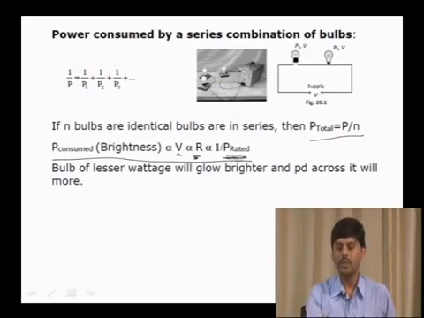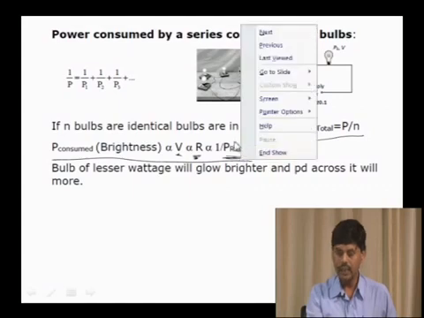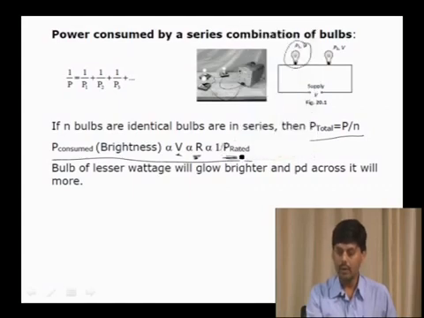Suppose we have 40 and 60 watt; 40 is the lowest wattage. According to this relation, the lower wattage bulb glows brighter because of the inverse proportion. In words, the bulb with lesser wattage will glow brighter and the potential across it will be more.